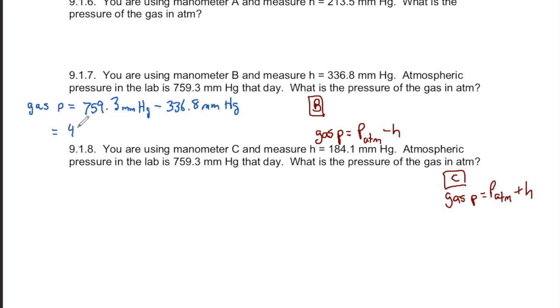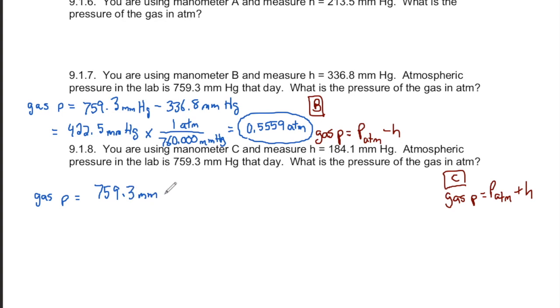So that is 422.5 millimeters of mercury. So that is the pressure of the gas. We wanted to have that pressure in atmospheres, so we can just use the 760 millimeters to 1 atmosphere conversion factor, and it is 0.5559 atmospheres.